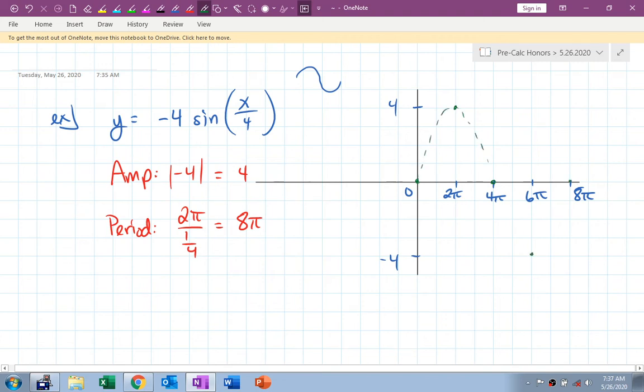But since we have the negative, we need to flip that. So instead, it's going to be in red. We're going to start at 0, bottom out, then come up, then top out, and then end at 0. So really our graph, because of the negative sign, just reflects on the x-axis. And that's one period. So this dotted line we really don't need.